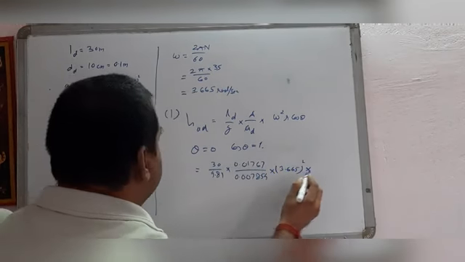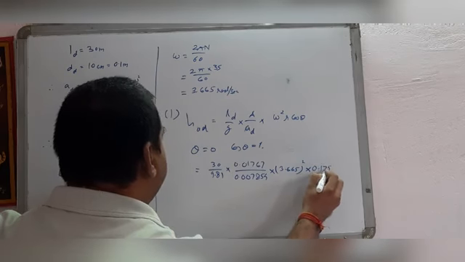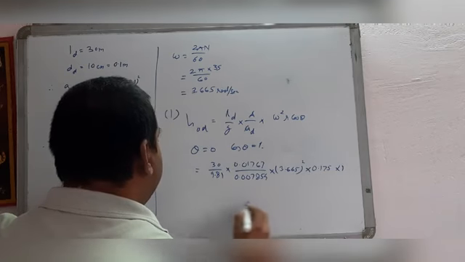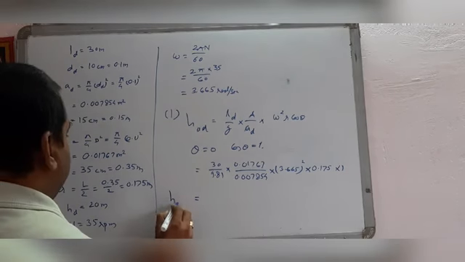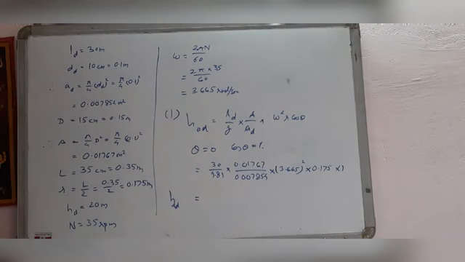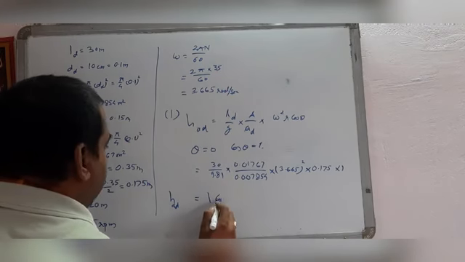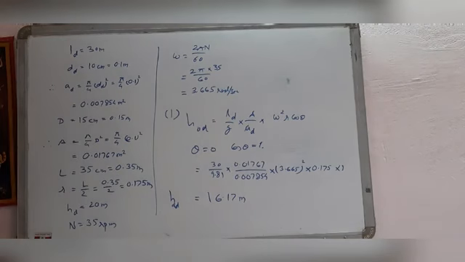R is 0.175 and cos theta is 1. So here the value of HAD is equal to 16.17 meter.